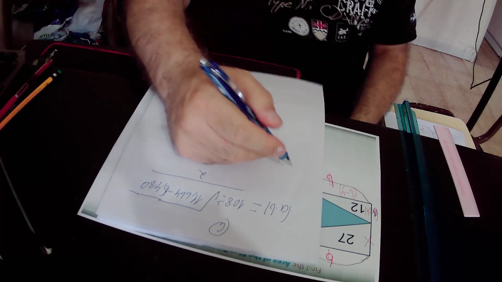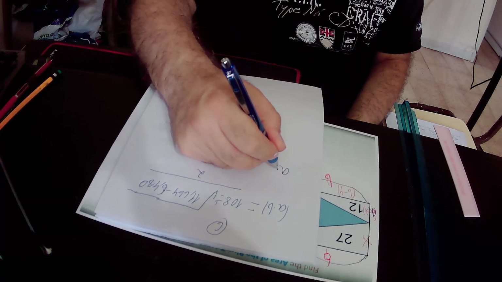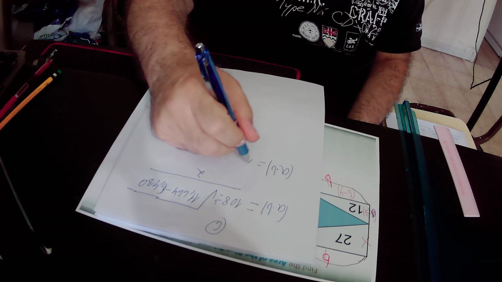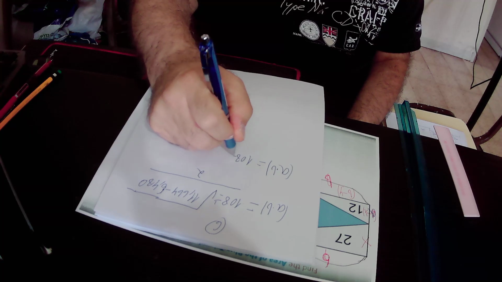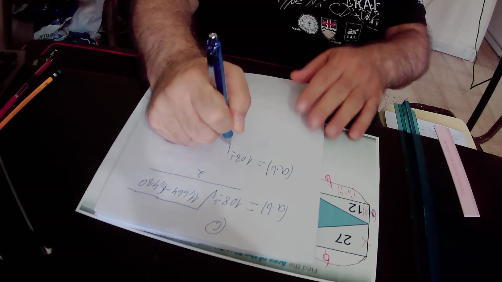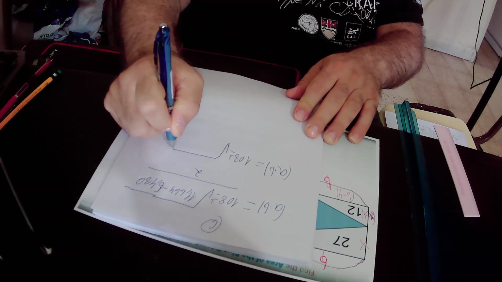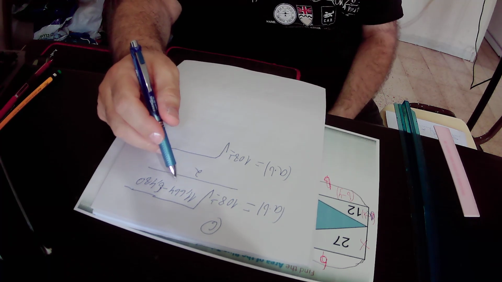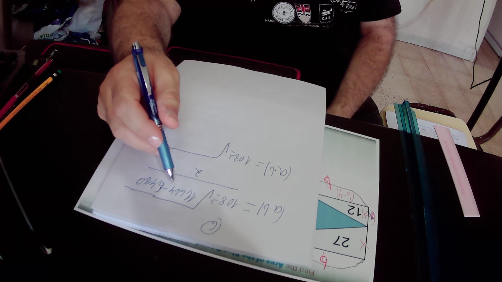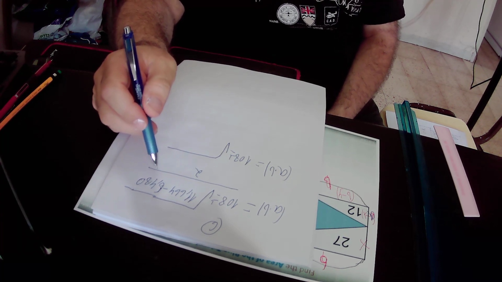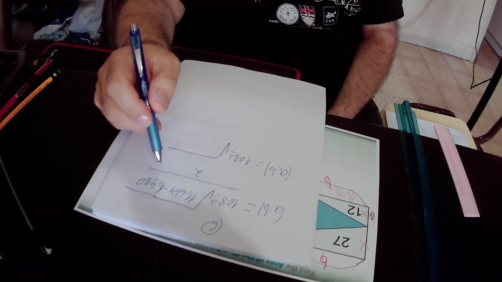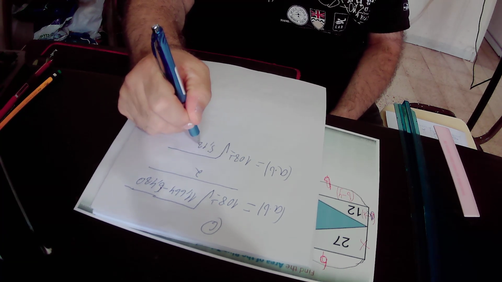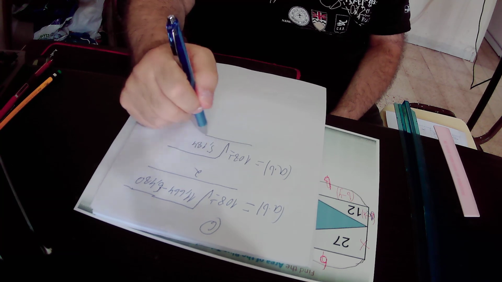So I will write it down. a times b equals 108 plus minus the root of, as I've already told you, 11,664 minus 6,480, which equals 5,184, all divided by 2.